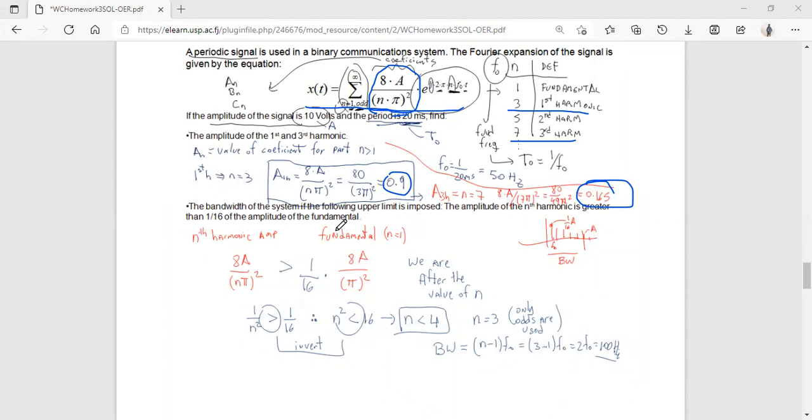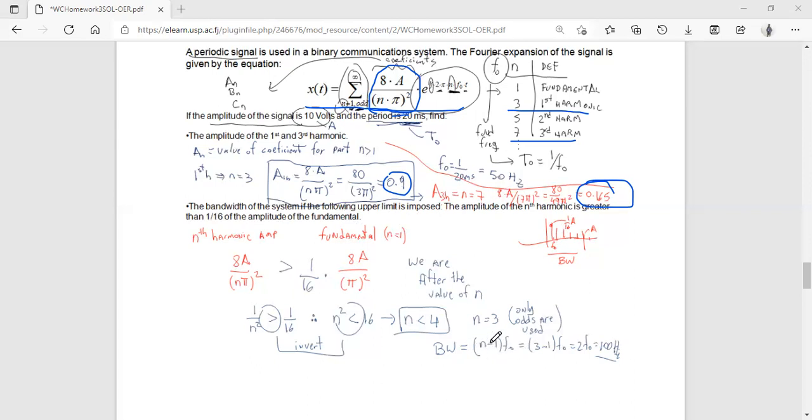So what will the bandwidth be when the upper limit is imposed? The formula for bandwidth is given as n minus 1 times f naught.